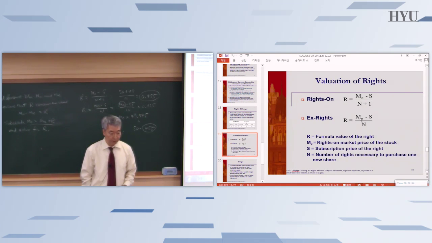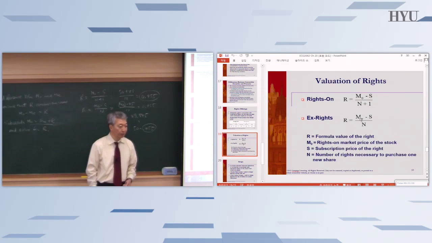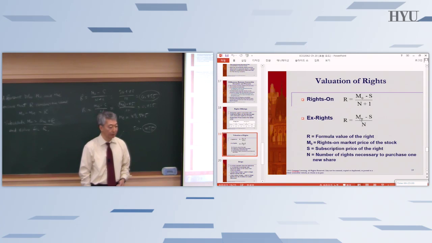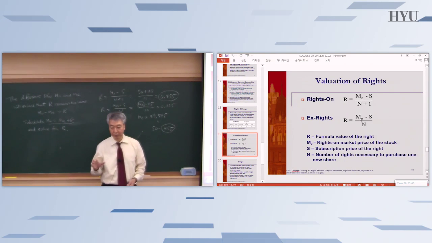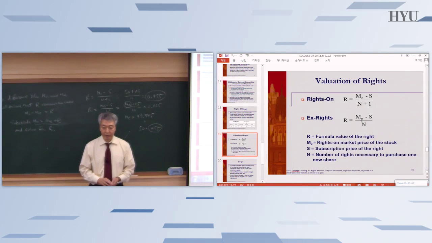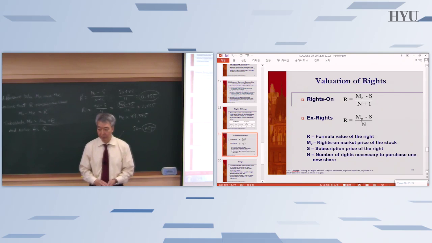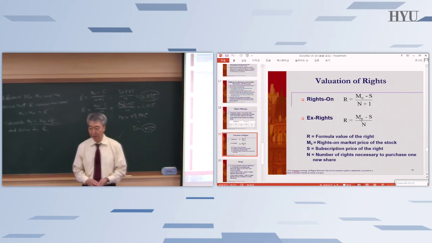Usually it doesn't give you much time. With typical options, you have 3-month options or 6-month options, quite significant lengths of time. But with a rights offering, when the company offers rights, they don't give you that much time. Before they actually issue the new stock, maybe you'll have to exercise within 10 days or so.